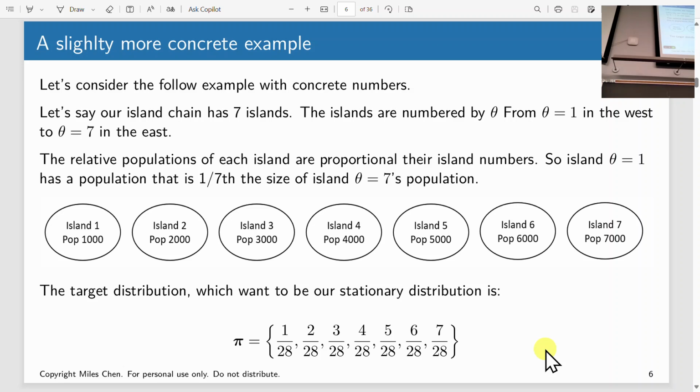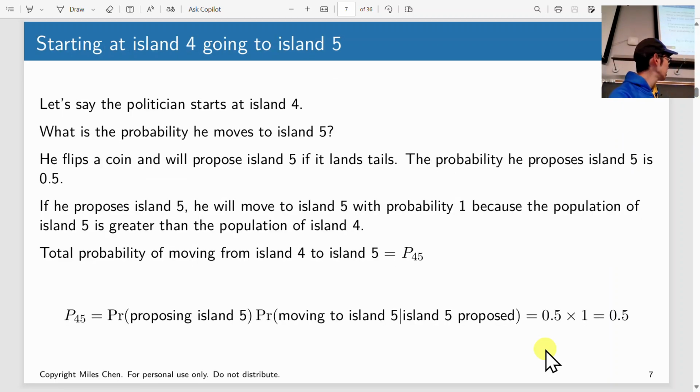And so let's say we start off at island 4. If we're at island 4, we can either end up at island 5 or island 3 or end up at island 4 itself. There's no way to end up at island 1 or island 2, so I'm going to go ahead and put zeros there. Island 6 is a 0, island 7 is 0.